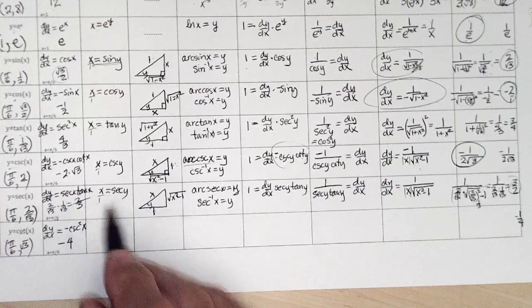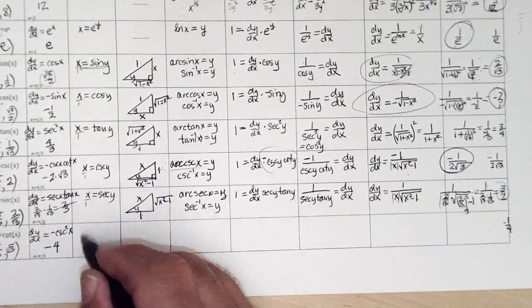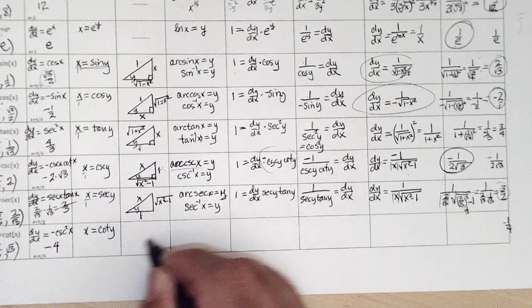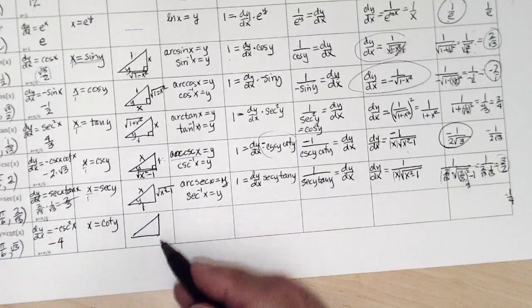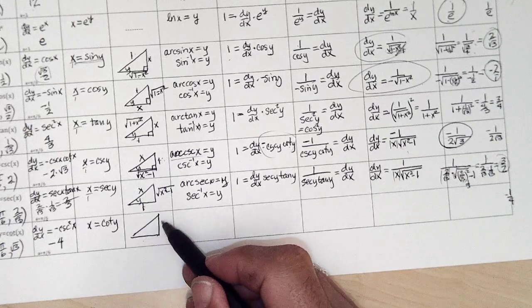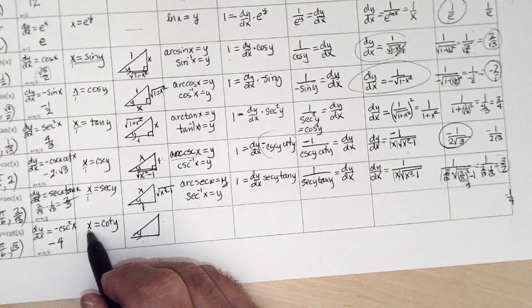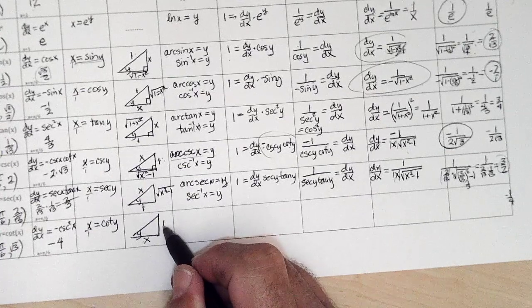Solve for... swap the y and x, I get x equals cotangent y, making a picture of that. Cotangent's adjacent over opposite as opposed to tangent was opposite over adjacent. Got to remember your trig. And I got x over 1, so it's x over 1.